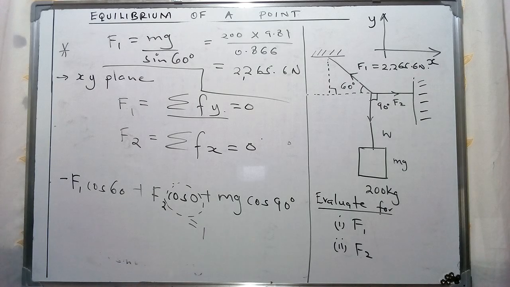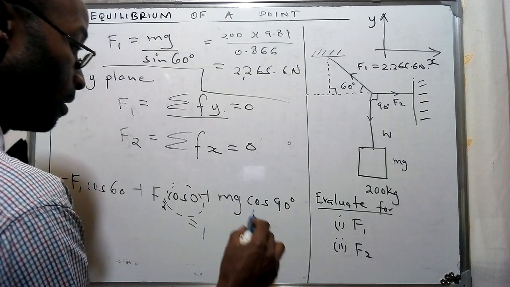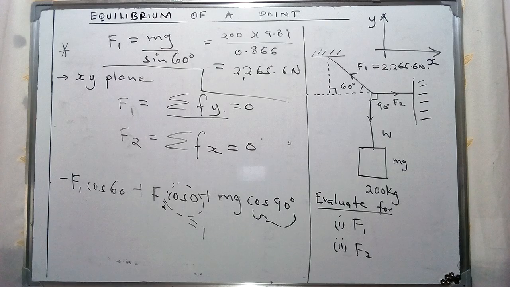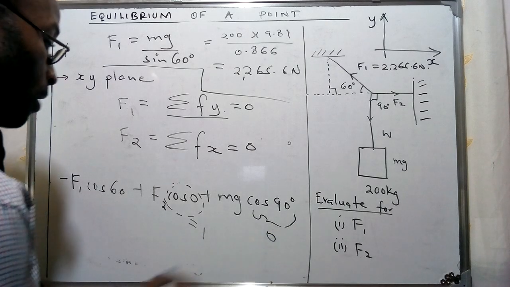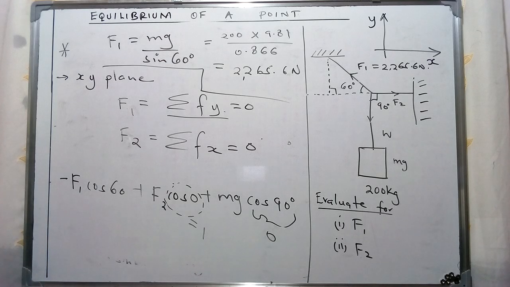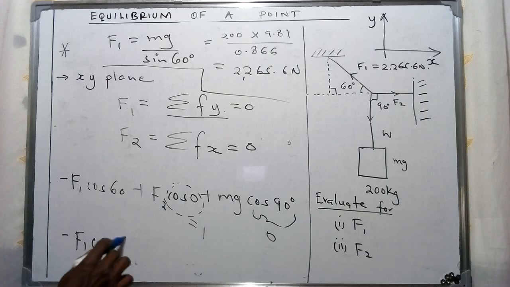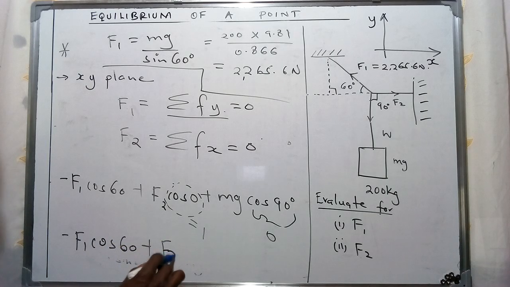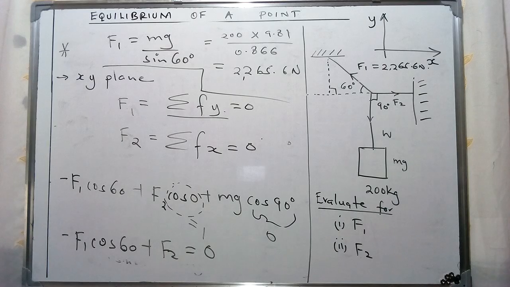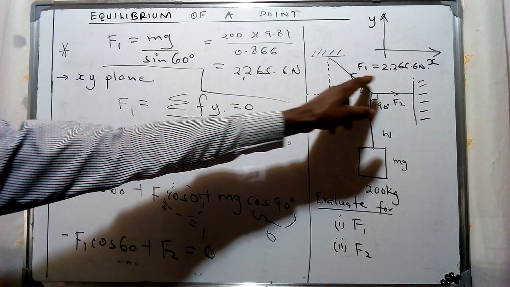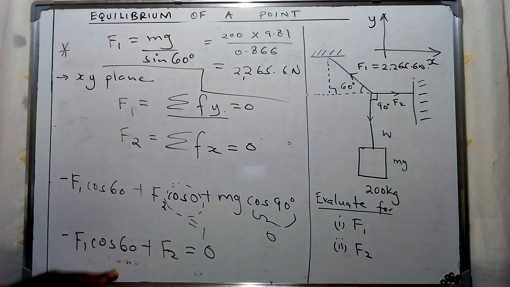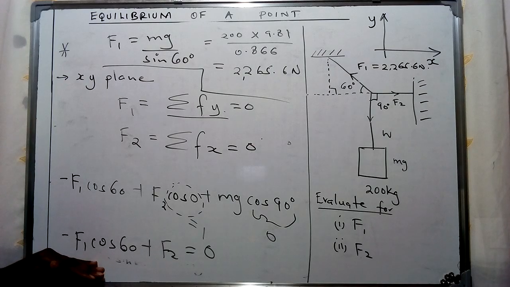And therefore, the cosine of 90 degrees in this particular case is going to give us a value of 0. So we are going to have F1 cosine of 60 degrees plus F2 equivalent to 0. And from our previous discussion, we have evaluated the value for F1, which gives us a substitution for this one.